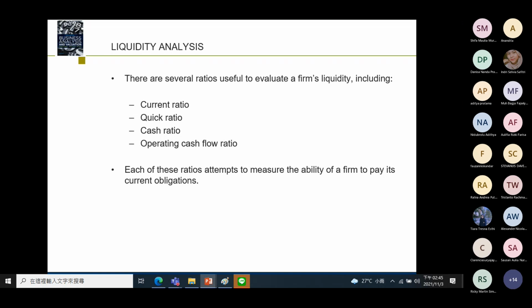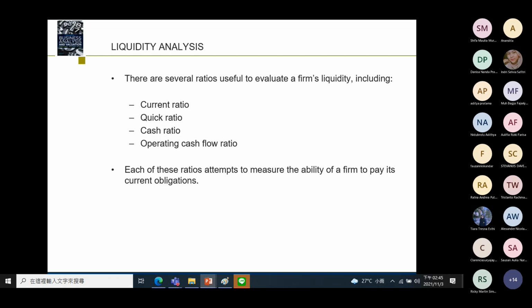The first three compare a firm's current liabilities with its current assets that can be used to repay those liabilities. The first ratio focuses on the ability of the firm's operations to generate the resources needed to repay its current liabilities.